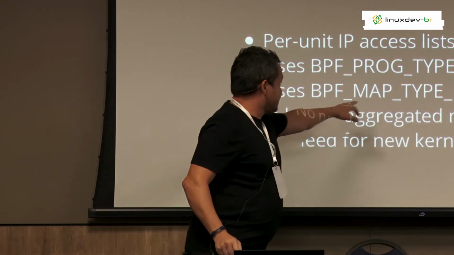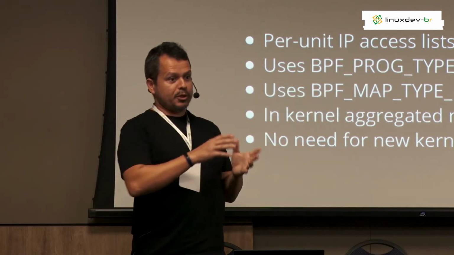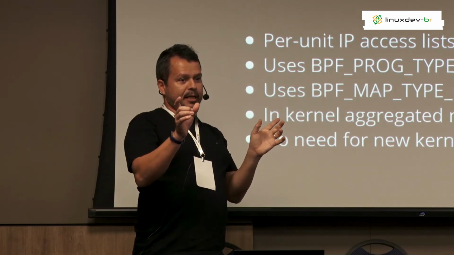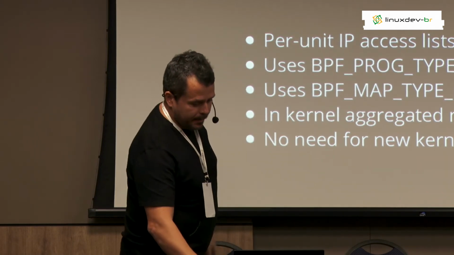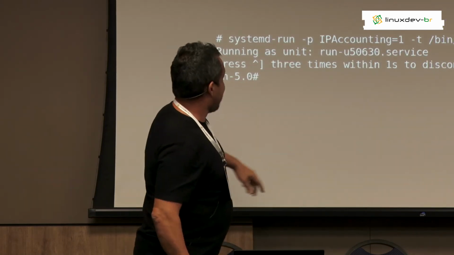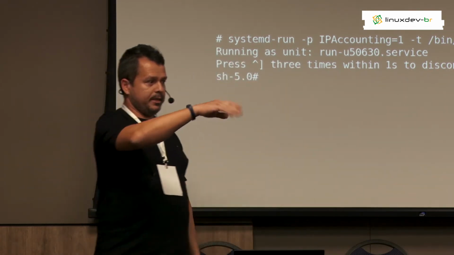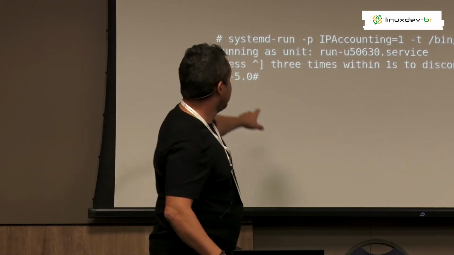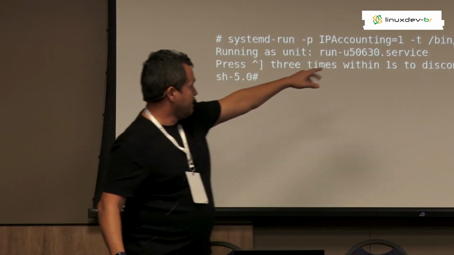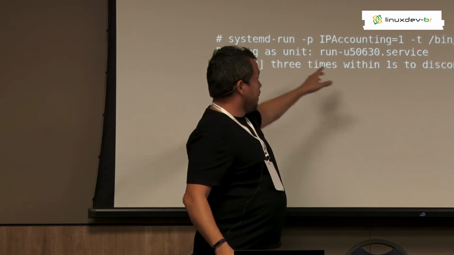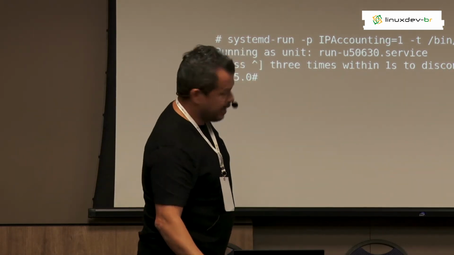And it uses this type of map, longest prefix match. That's what you use to see if an IP address, IPv6 or IPv4, matches. So systemd plus eBPF. You can do this on any machine, in Debian or wherever, for quite a while already. If you do this, you're going to start a shell interpreter, and it will put BPF programs in the places that I described.